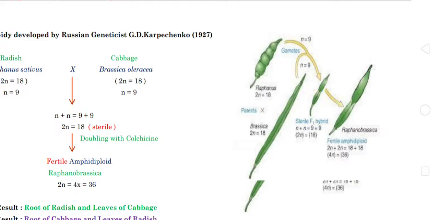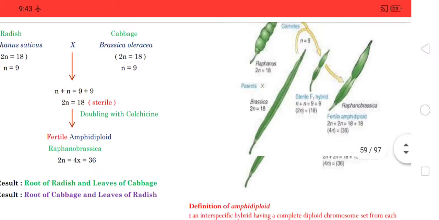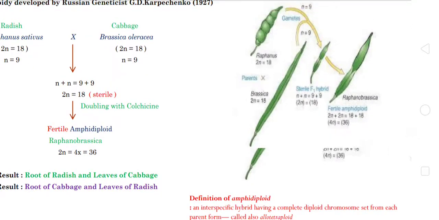When they are crossed, the F1 is sterile, whereas when treated with colchicine it becomes fertile in nature. But the expected result was not obtained. The name of the new progeny is Raphanobrassica. Here the root of cabbage and the leaves of radish are obtained.